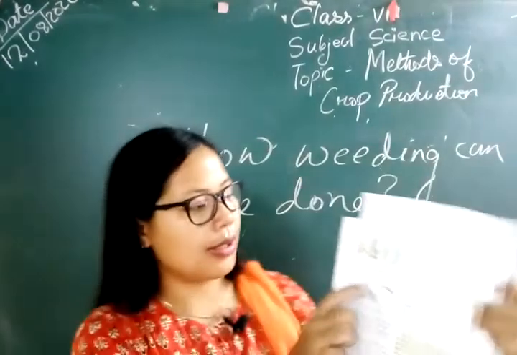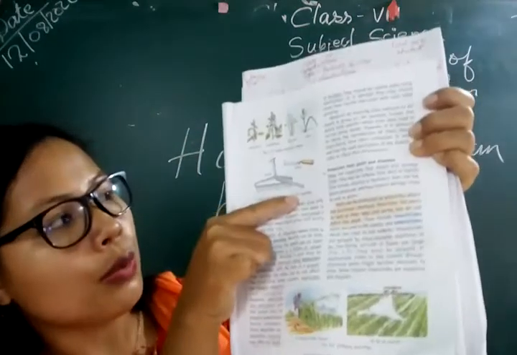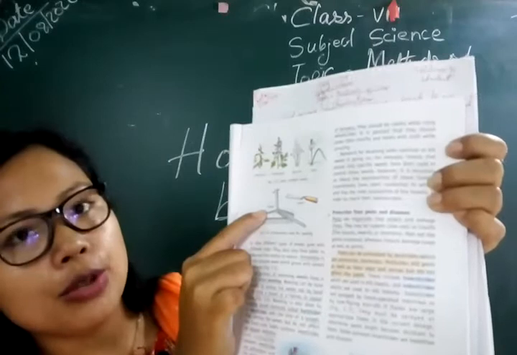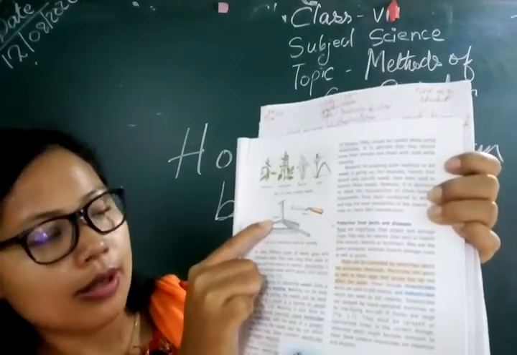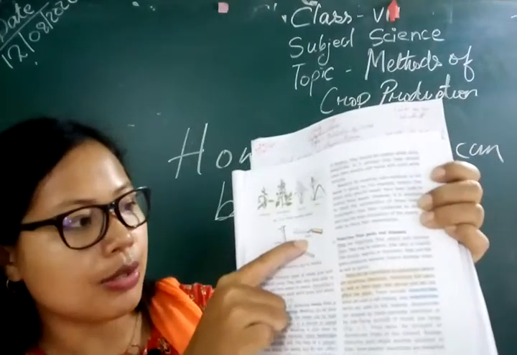Right here, did you see this? Implements used for weeding. You can see we can do it manually by hand also. And then we can use this harrow and this trowel to remove the weeds.